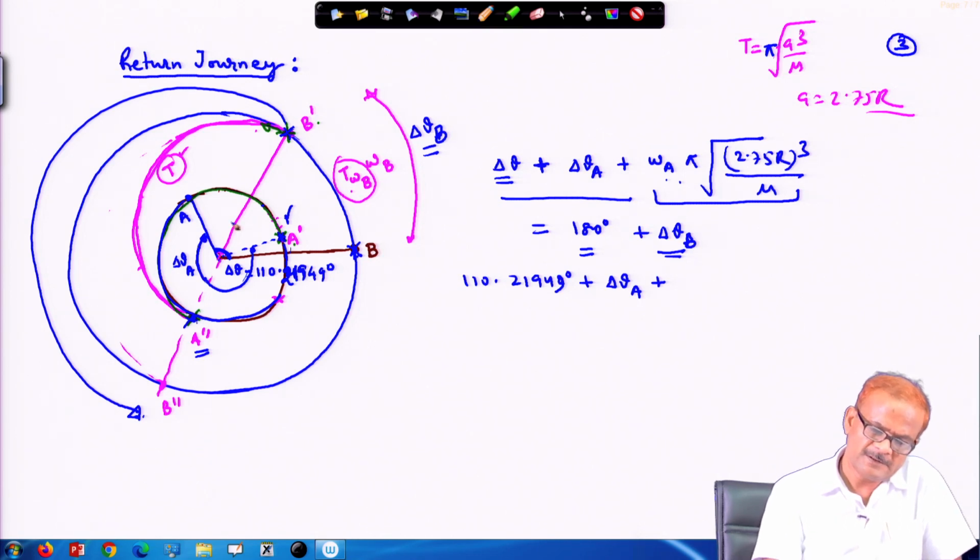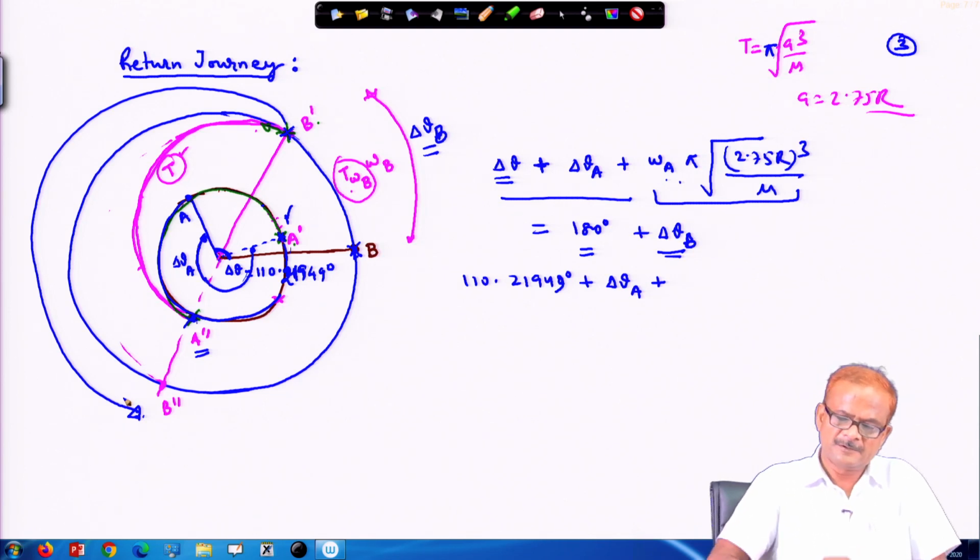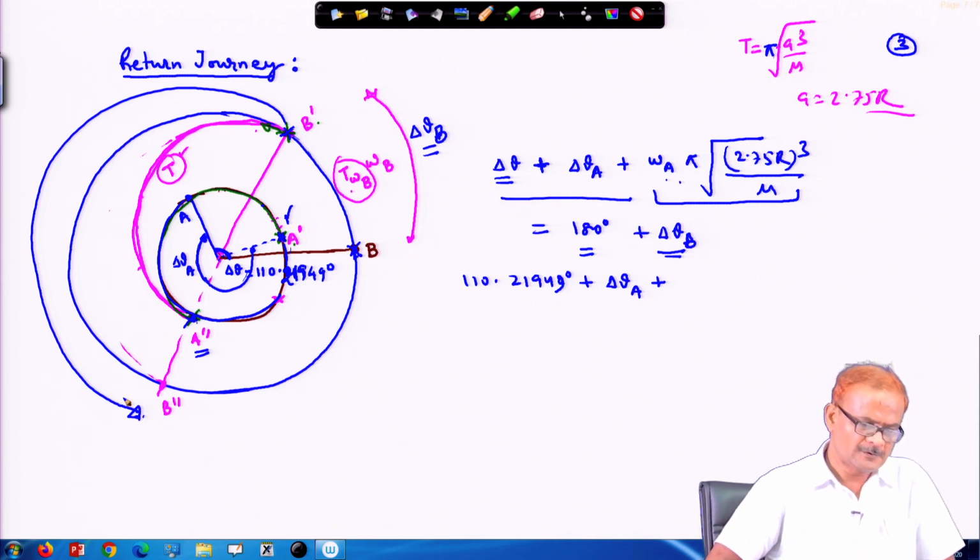In this way A has covered more than 360 degree, and this particular thing we need to account for.